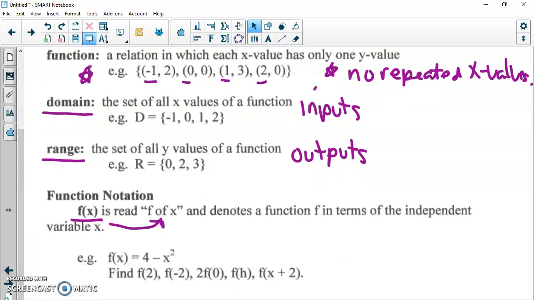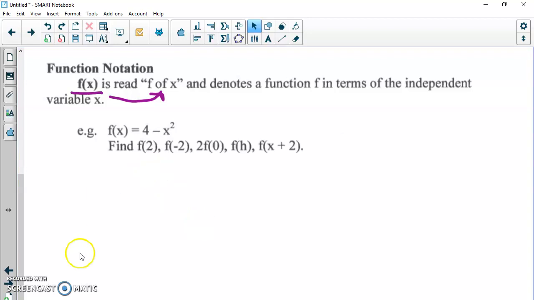All right, so let's look at an example here. Let me see if I can still go down. All right, so we have a function here, f of x equals 4 minus x squared. We are going to evaluate that function in these 5 different ways. So I'm going to do the first couple with you, and then you guys can do the other ones on your own.